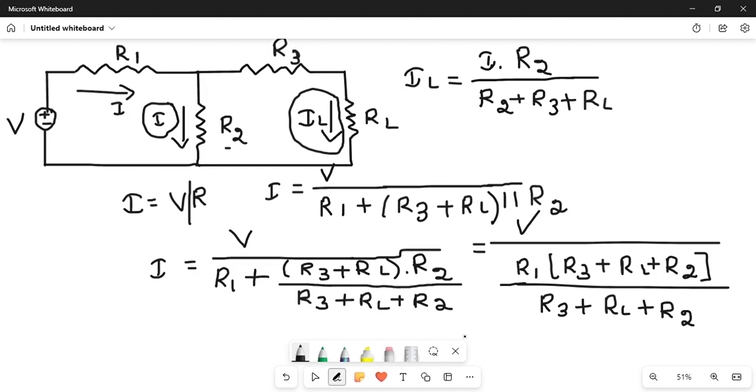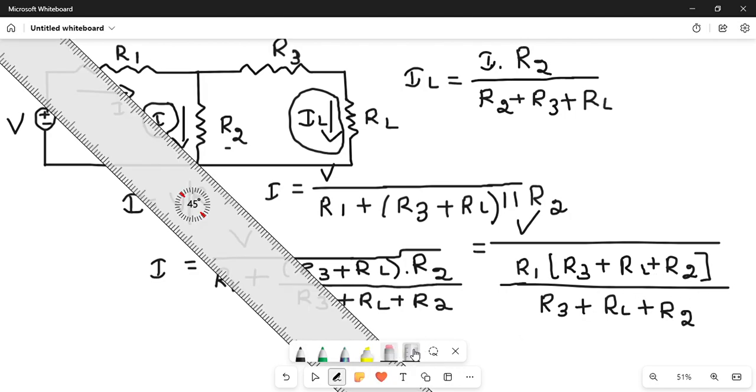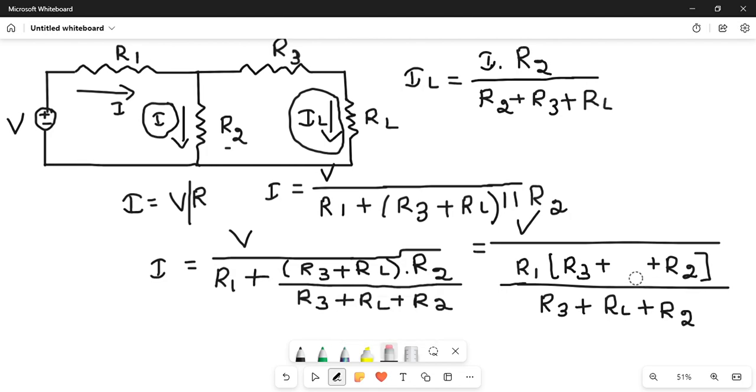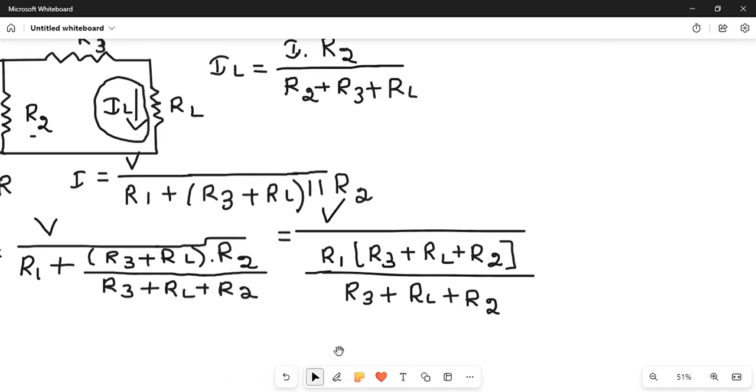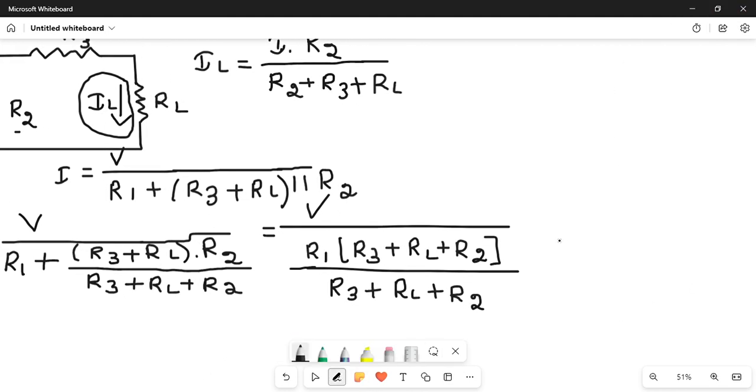Okay, so now here, it is once again plus R3 into RL plus R2.